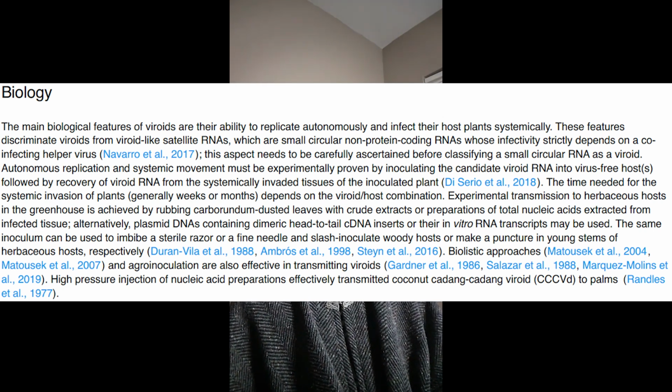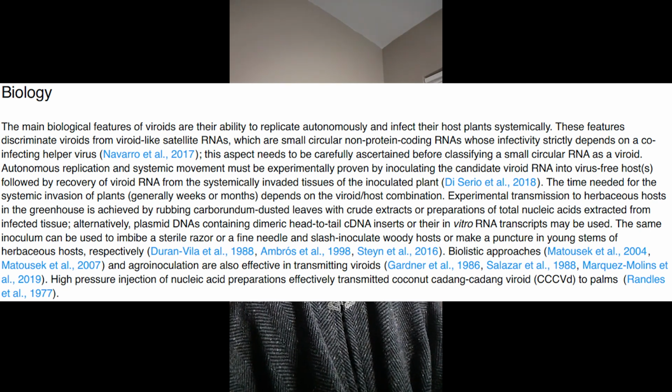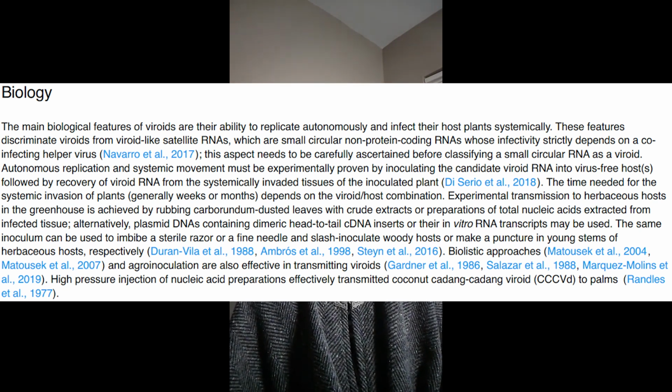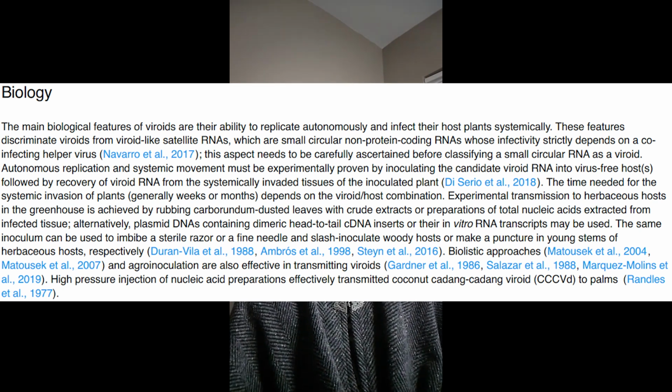These features discriminate viroids from viroid-like satellite RNAs, which are small, circular, non-protein coding RNAs whose infectivity strictly depends on a co-infecting helper virus. Some people have heard of the term satellite virus as well, but this is essentially what they are talking about. There are cases where, so it's not like they're part of the same genome.